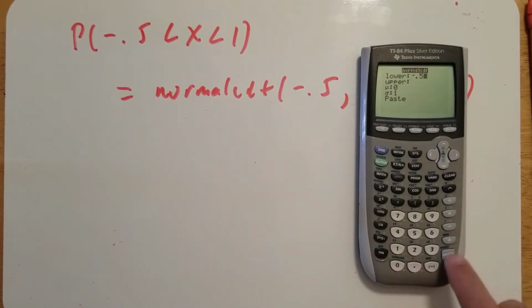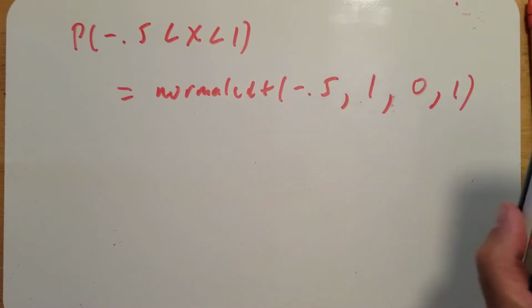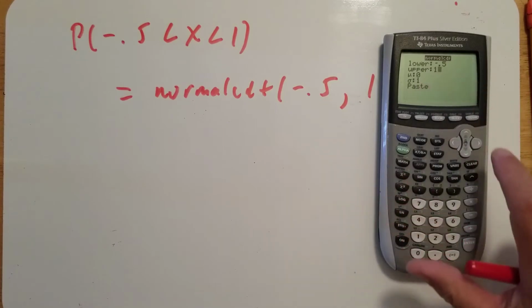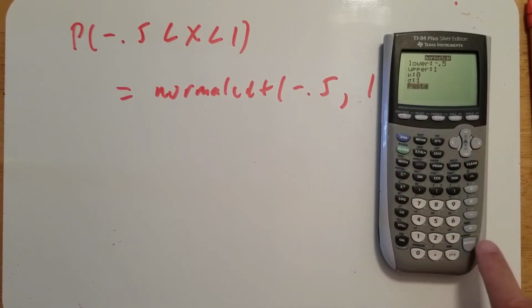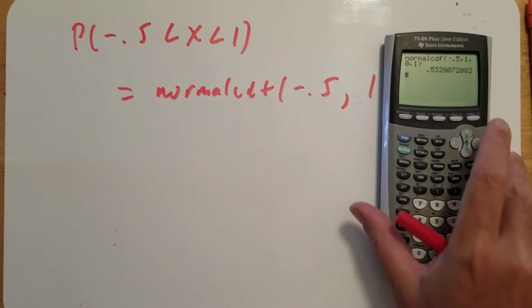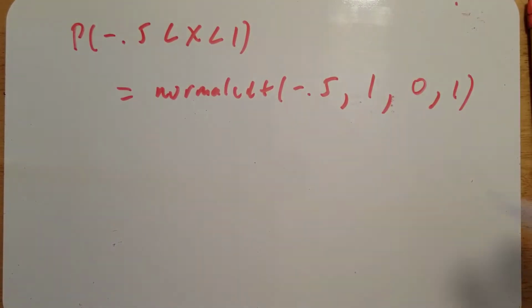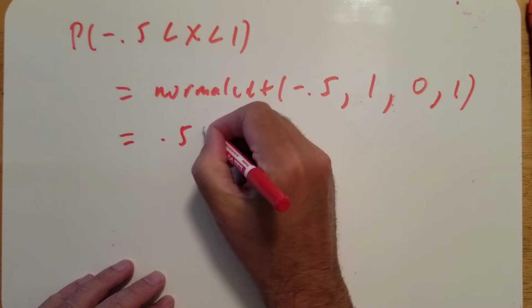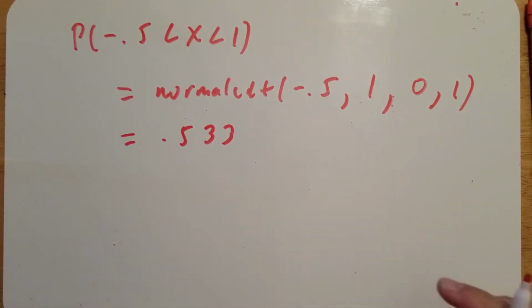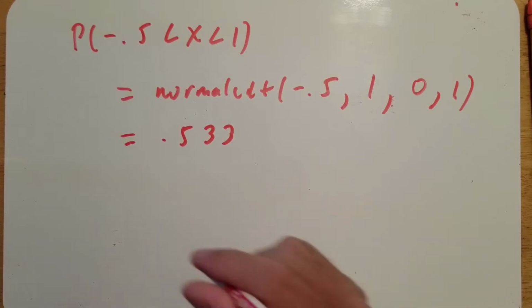The higher value is 1. It defaults to mean and standard deviation 0, 1. And when I hit paste, it gives about 0.533 to 3 decimal places. Now, sometimes the area is unbounded in one direction or the other.